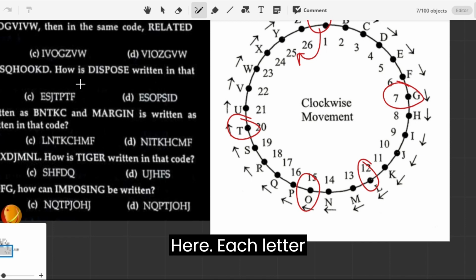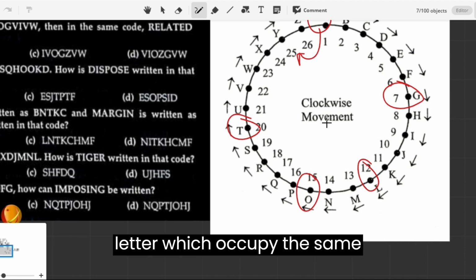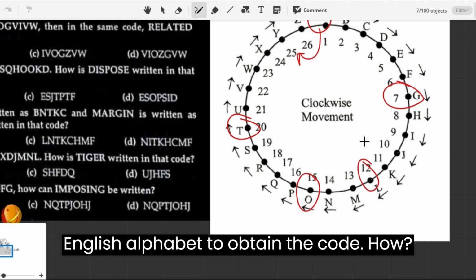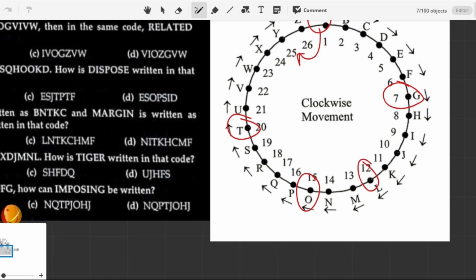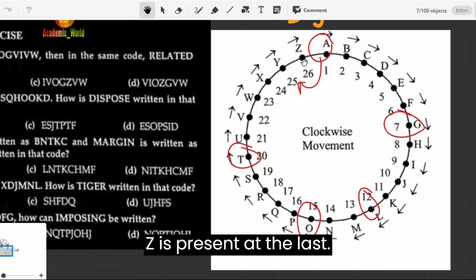So each letter of the word ALTERED is replaced by the letter which occupies the same position from the other end of the English alphabet to obtain the code. How? A is present at the first position, Z at the last.